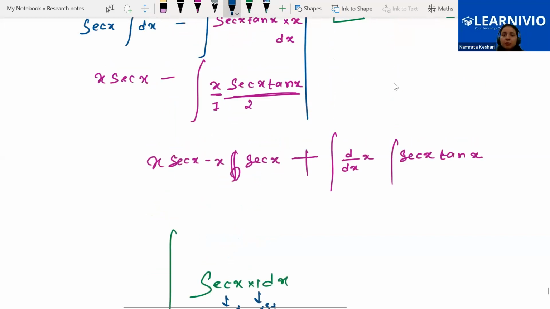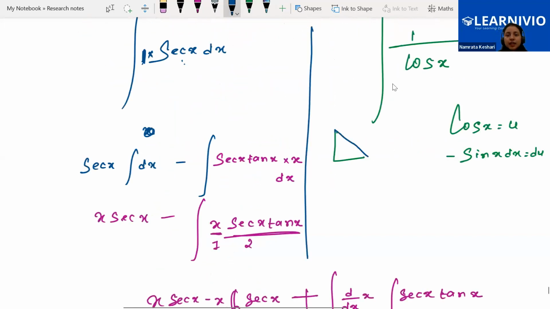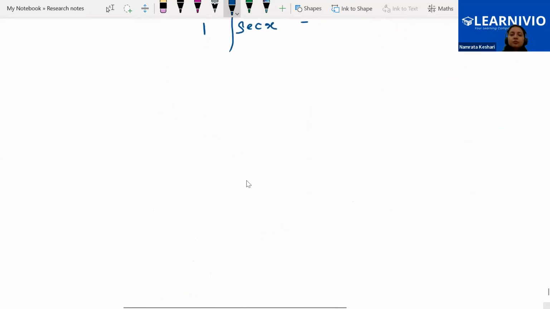If we take the help of a triangle, cos x is u, then what will sin x be? If someone in class 10 asks us, using previous knowledge, cos x is u, then find sin x.